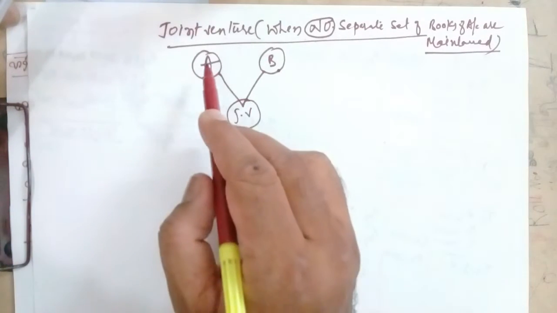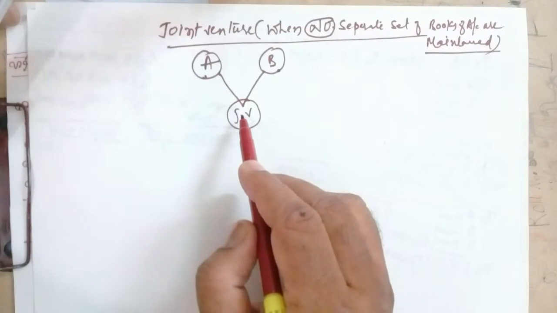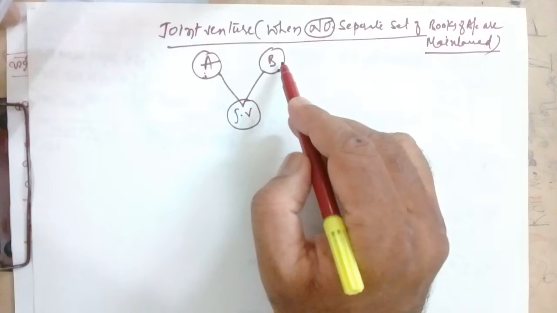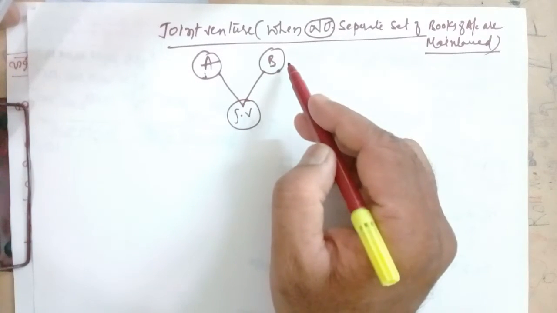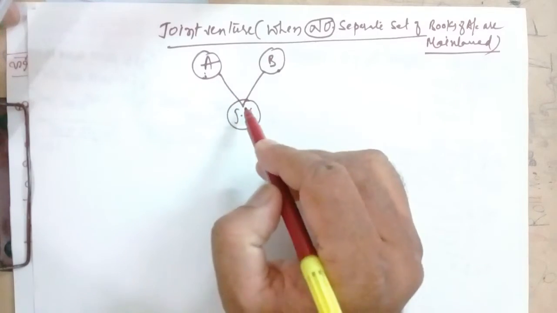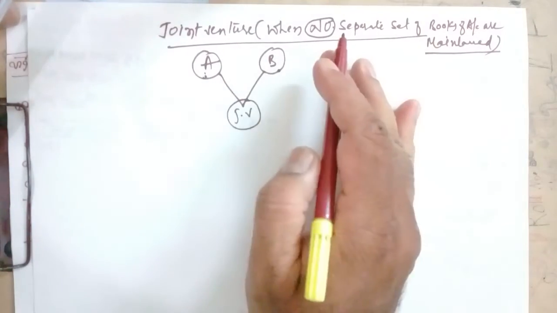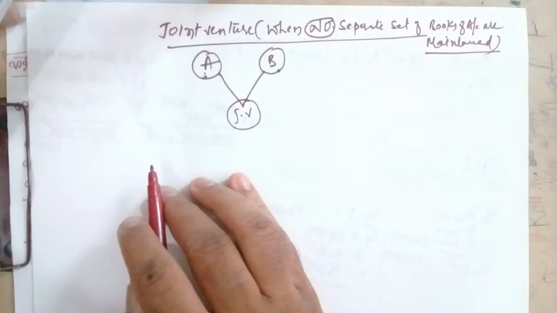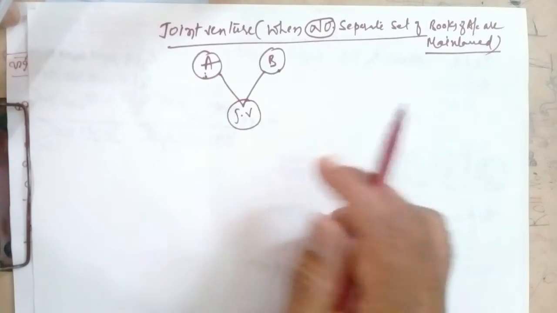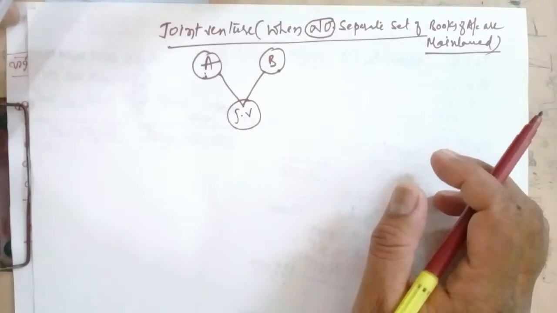B will separately maintain, in the same way, the accounting of the joint venture with A. So these people are individually maintaining in their own books the accounts of the joint venture with the other party.